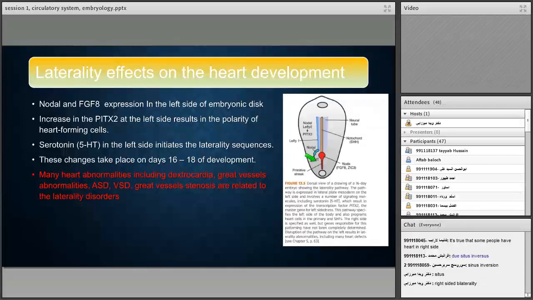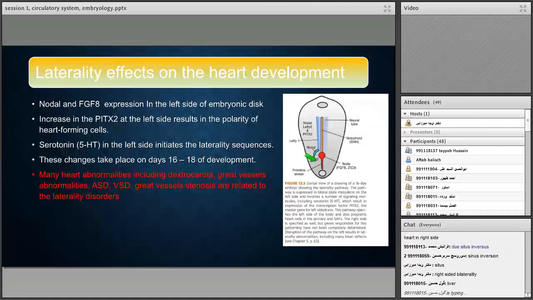In these kinds of conditions, only the position of some organs is reversed. In right-sided bilaterality, these people, the spleen. The physician will understand this situation by the form of the spleen and the number of spleens.